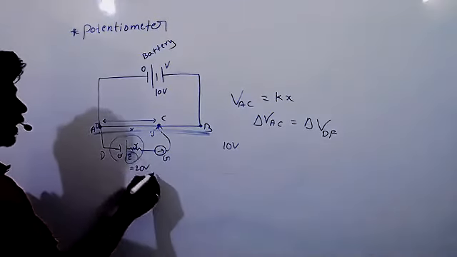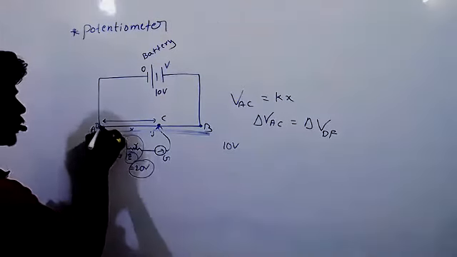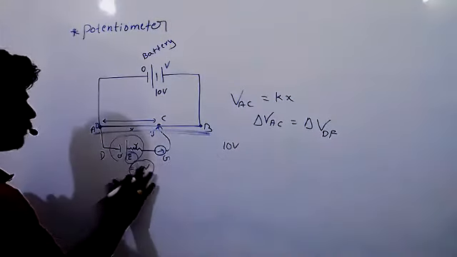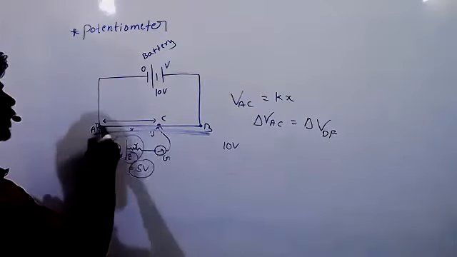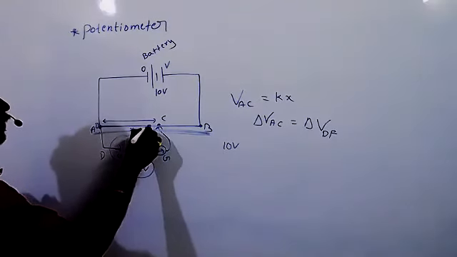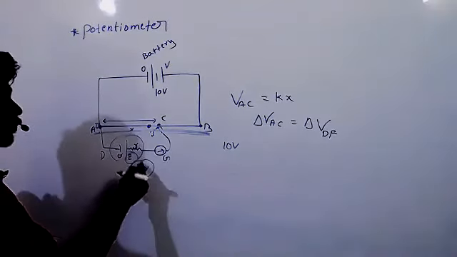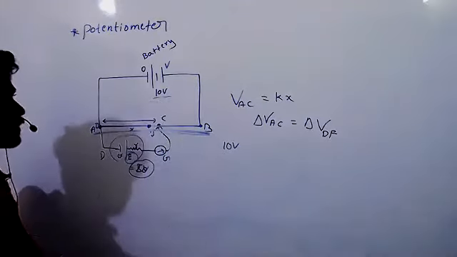So EMF should be smaller than the potential drop. If it is 5, you can calculate. Somewhere you will get it, since 0 to 10 means 5 will come somewhere. If it is 20, you won't get it anywhere. Between 0 to 10, 20 won't exist.